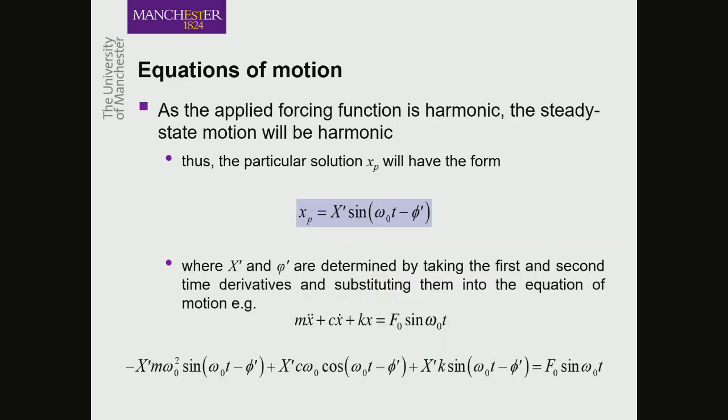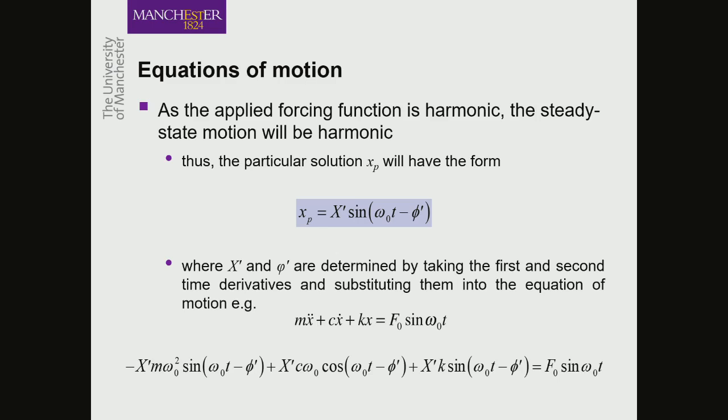But we also know that there is a permanent part, the steady state part, which is always present in the system as soon as we apply the external force or external displacement.